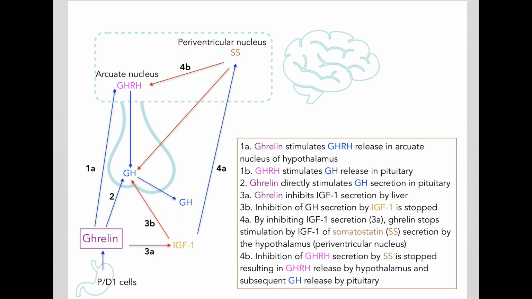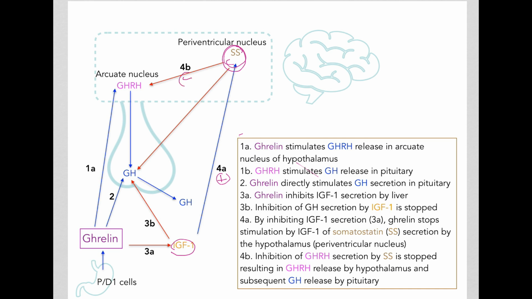Now, another effect of IGF-1 is that it stimulates the release of somatostatin by the periventricular nucleus of the hypothalamus. So when somatostatin is released, it has two important effects.